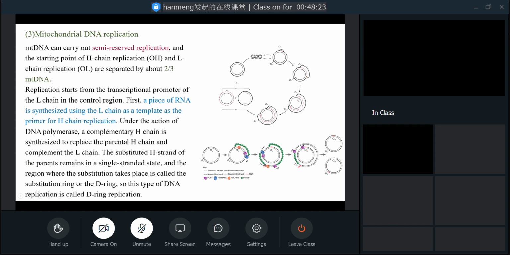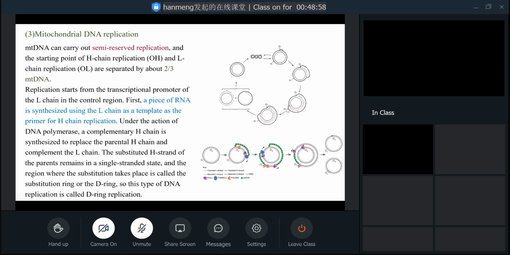But now the heavy chain has already synthesized about two-thirds of the mtDNA. So when the heavy chain finishes the replication, the length of the light chain is only one-third of the mitochondrial DNA length.